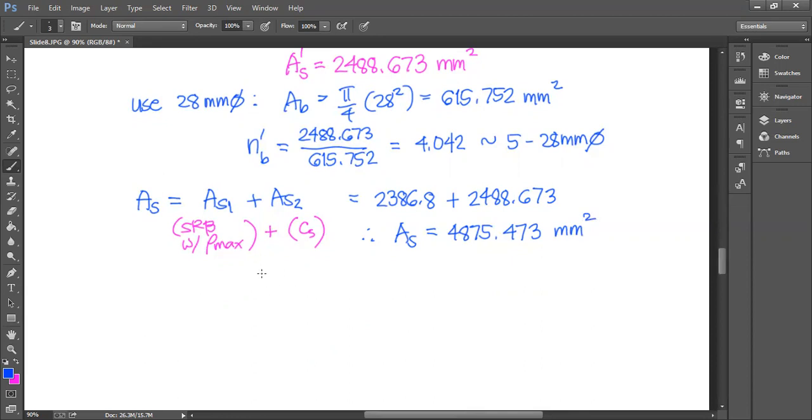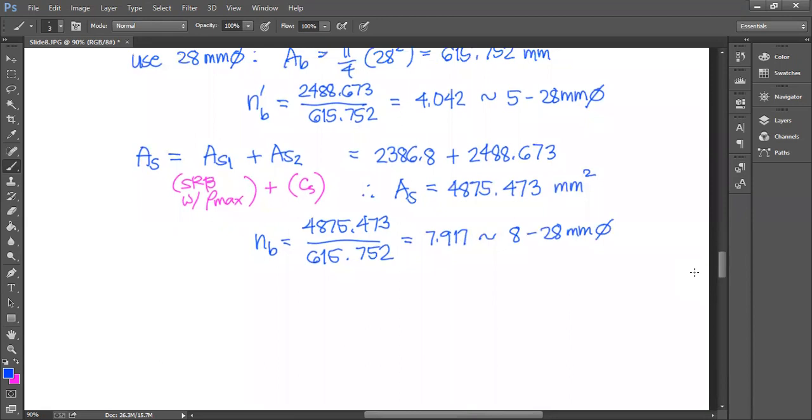So sa AS natin, yung number of bars now would be equal to 4875.473 divided by 615.752. Meron tayong 7.917, or meron tayong 8 na 28 mm diameter bars.